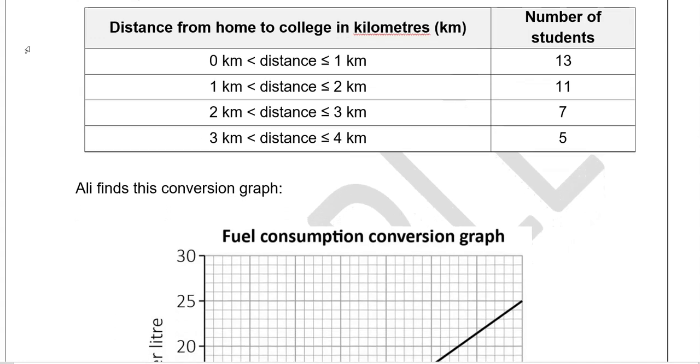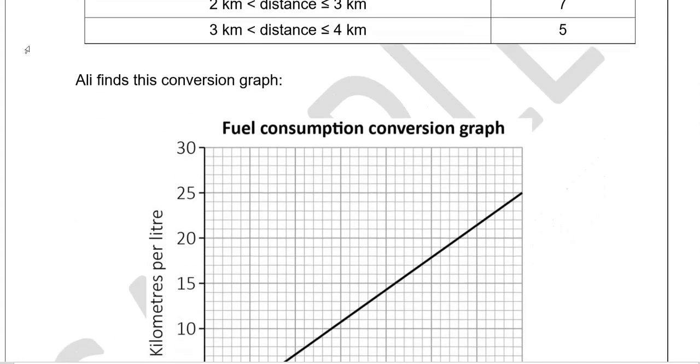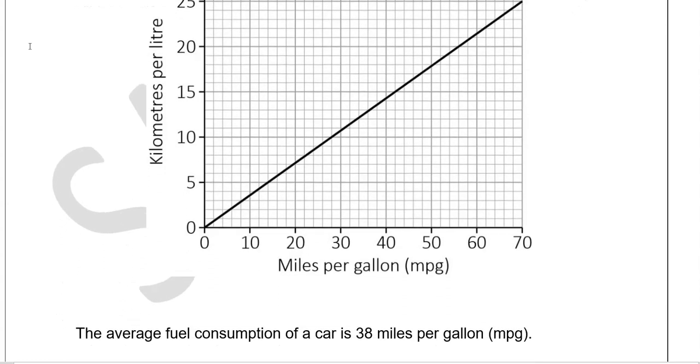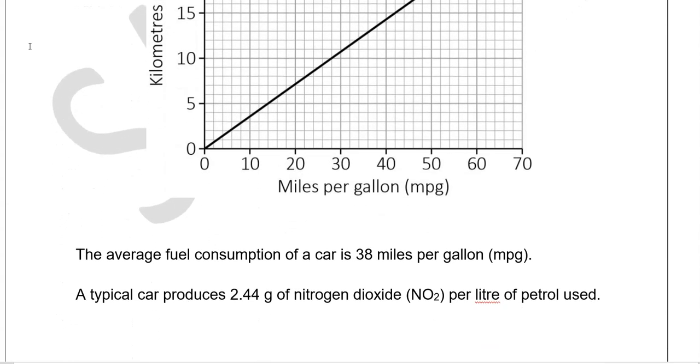Ali finds this conversion graph. The average fuel consumption of a car is 38 miles per gallon. A typical car produces 2.44 grams of nitrogen dioxide per litre of petrol used.